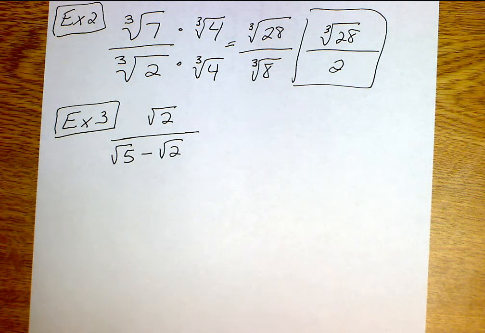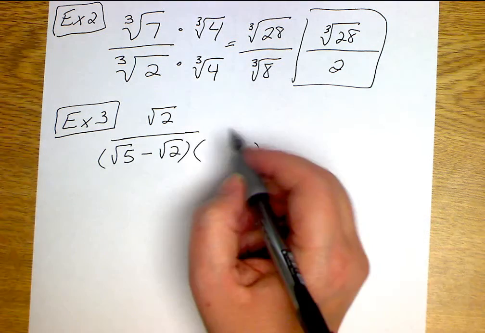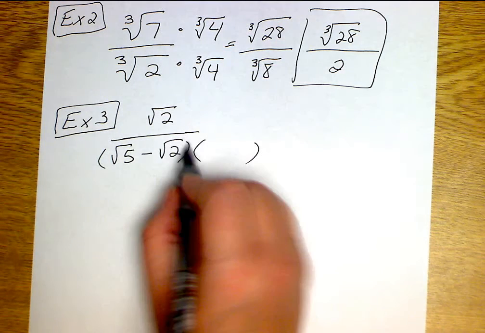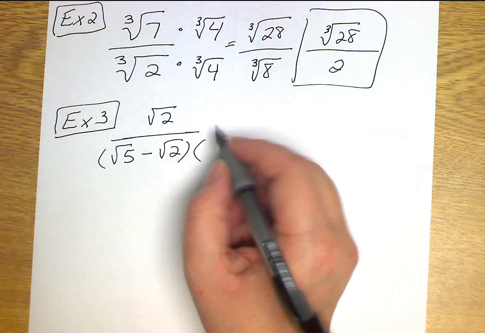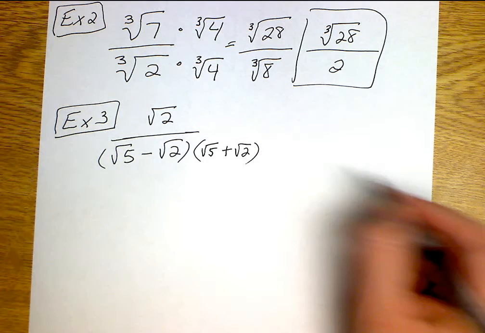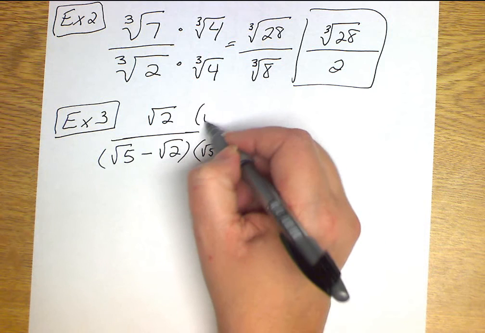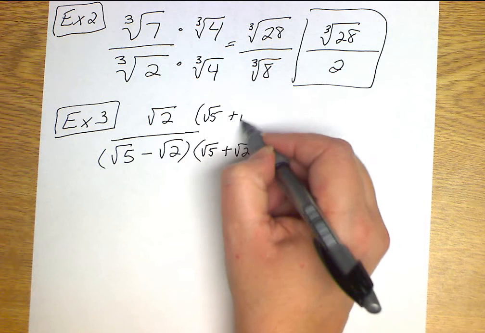What can we multiply the bottom by to get rid of the square roots? So the conjugate, so it's going to be the exact same thing, but instead of a negative, it's going to be a positive. So square root of 5 plus the square root of 2. Whatever you do to the bottom, you must do to the top. Square root of 5 plus the square root of 2.